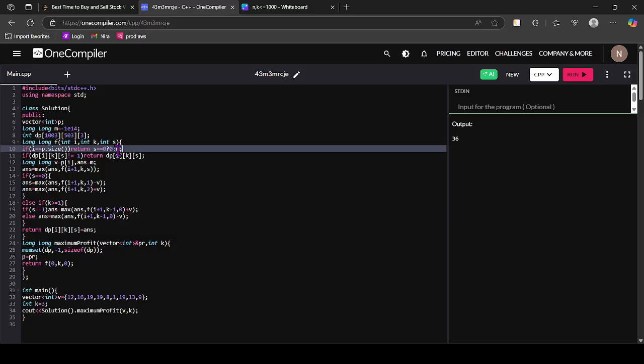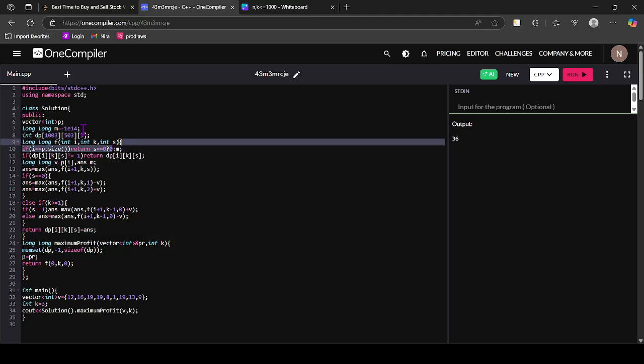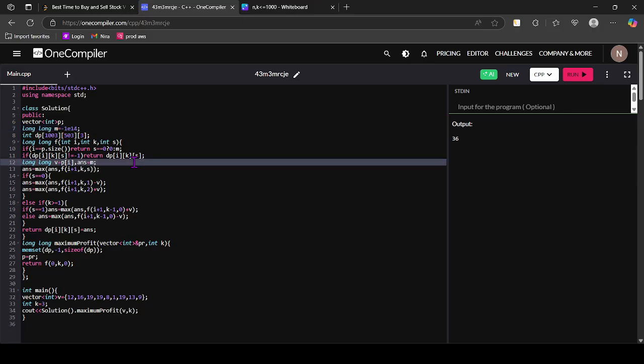For example, in the last index, we bought a value, but after I is equal to p dot size, after completing the array, we still have one transaction left. So that is not possible. So now return the least value, which is -1e14, because after completing the array, we have to complete the transaction. We should not have anything in our hand.